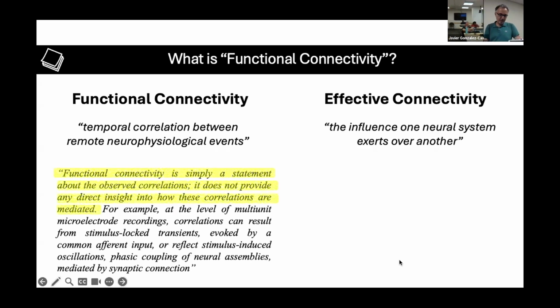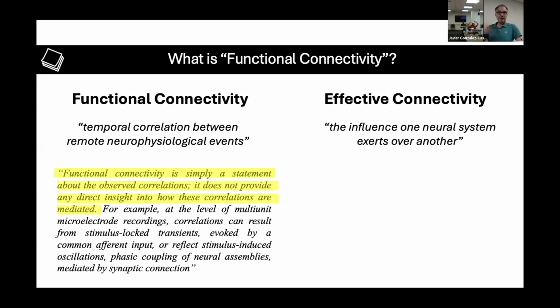And if there is only one thing that you should take home today, it is this idea that functional connectivity is simply a statement about correlation. Okay, we're going to take time series and we're going to look at the temporal correlation between them. Maybe we'll do something fancy like ICA. Maybe instead of correlation, we'll do mutual information. But it's just a statistic. And what's causing that observation can be many different things.